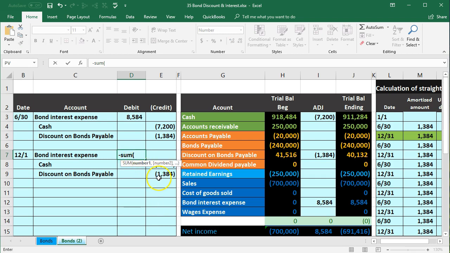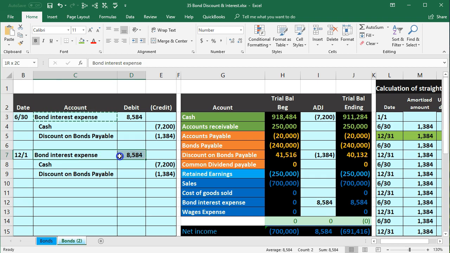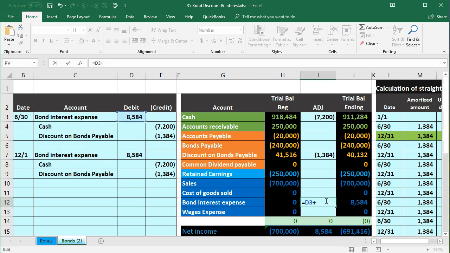And then again, if this is in the way, it's faster to just go from the bottom to the top, or you can move it out of the way, but there you go. Okay, then we'll post this out. We'll have bond interest. We're going to say plus 8,584, bringing the interest up, net income down.